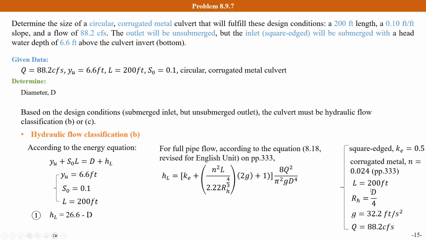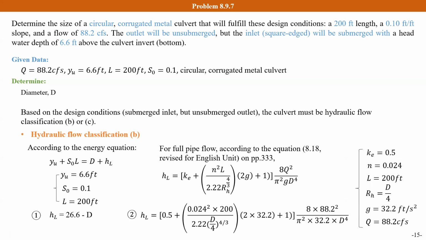The length of the culvert is 200 feet. Because it is a circular culvert, the hydraulic radius equals d over 4. And we also know the flow rate equals 88.2 cubic feet per second. Then we can use this equation to calculate the head loss.